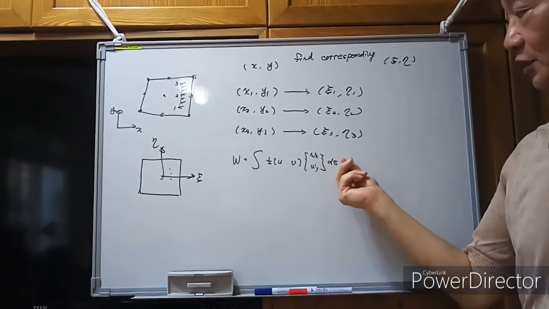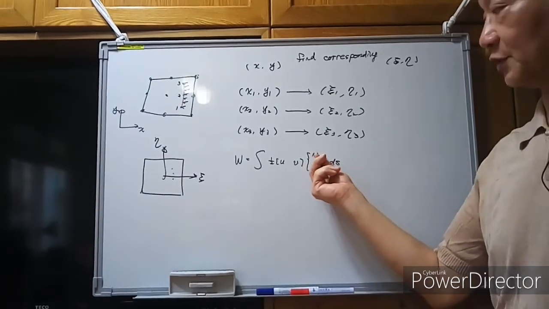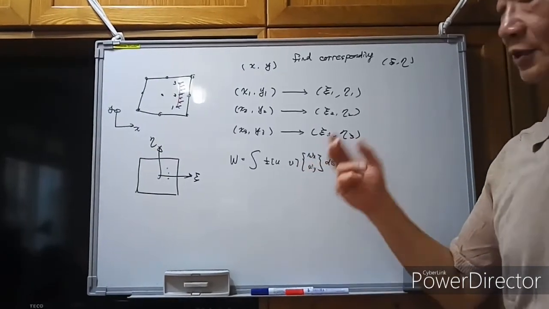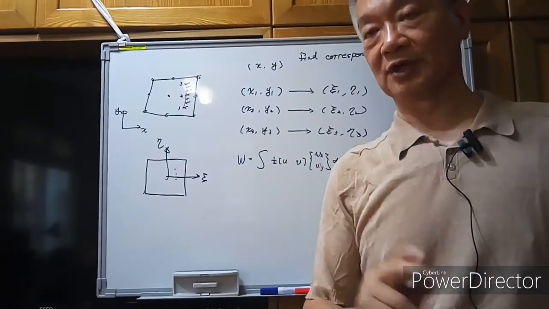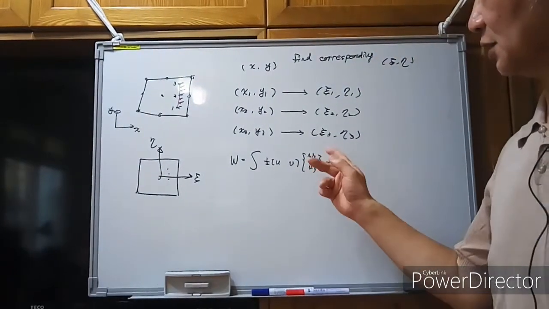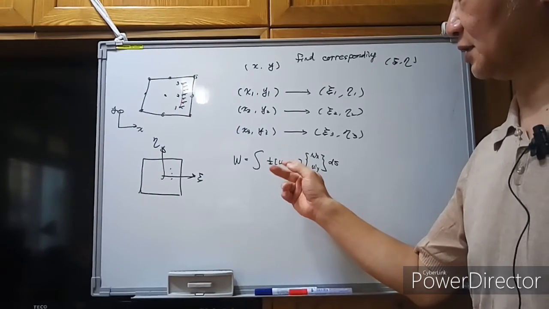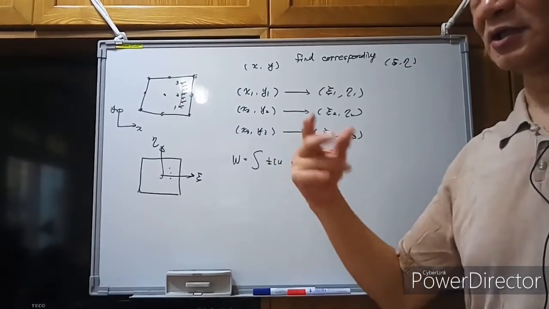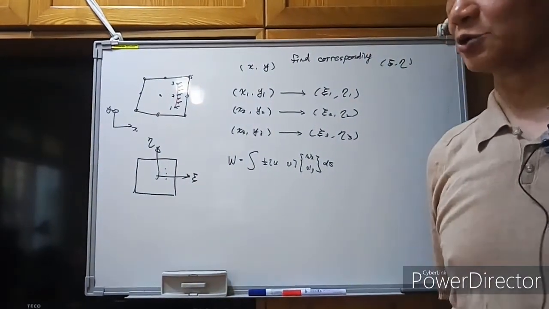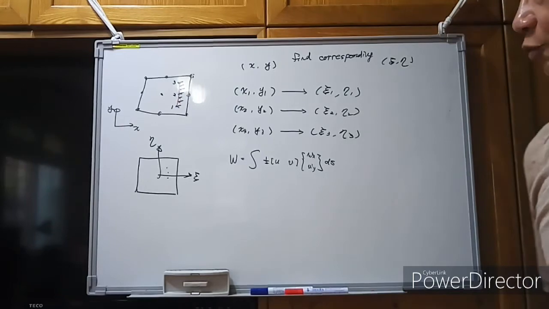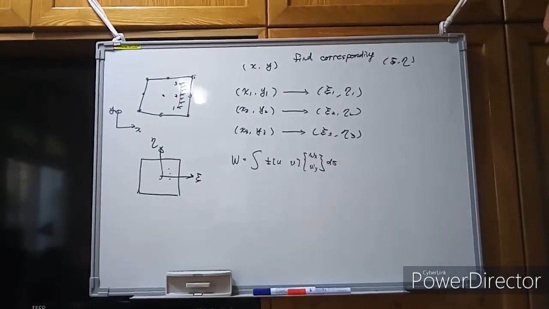If we multiply the ds in the xy plane by the distributed loading wx and wy, then we can get the resultant load along the x direction and along the y direction. These two resultant loadings should be multiplied by the displacement u along the x direction and the displacement v along the y direction. Then we can get the work done by these loadings.